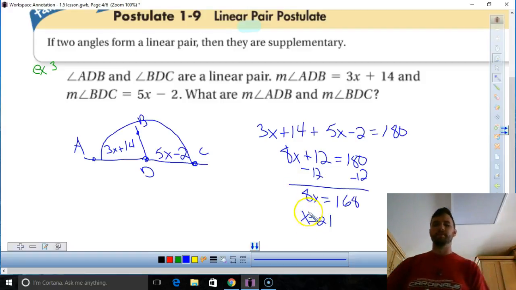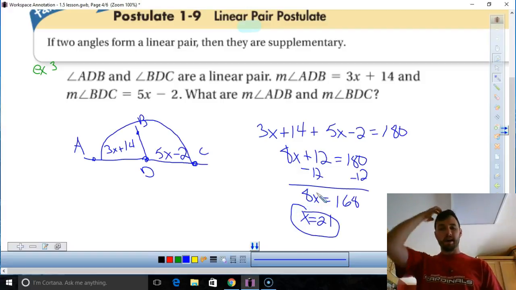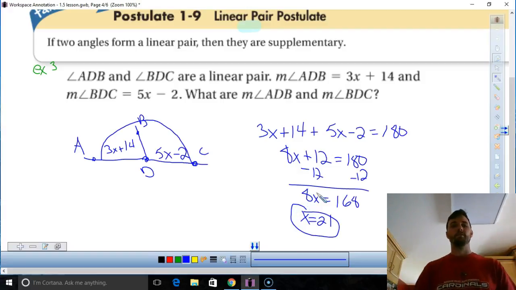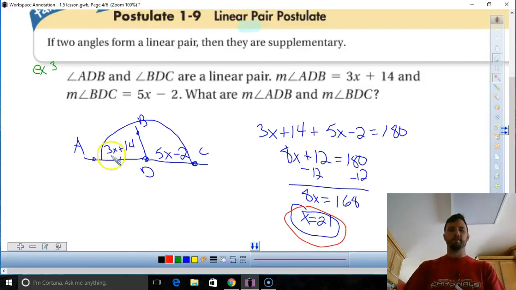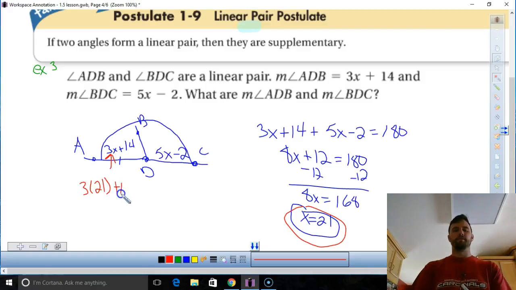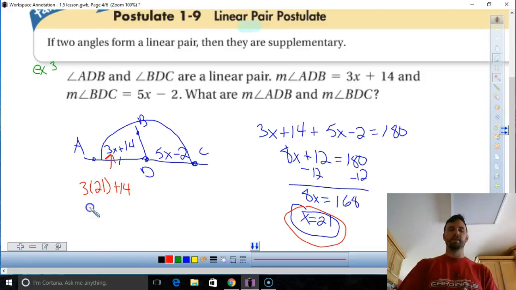So I'm almost there. Now that I know what x is, I can plug that in to one of my angles. So I'm going to plug it in over here. So do 3 times 21 plus 14. So 3 times 21 is 63 plus 14 is 77 degrees.